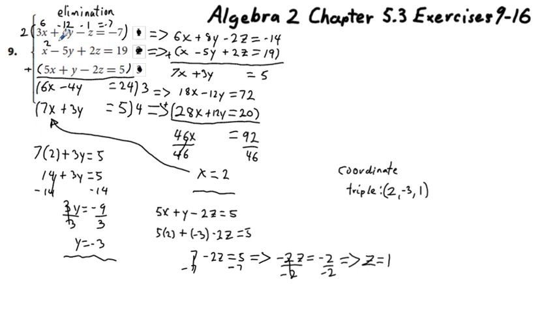So 2 plus 15 plus 2 is equal to 19. Check. And our last equation, 5x, is going to be 5 times 2 plus negative 3 minus 2 times 1 should equal 5. And is that the case? Check it out. 10 minus 3 is 7, minus another 2 is 5. Check. So this is going to be our coordinate triple or ordered triple right here.